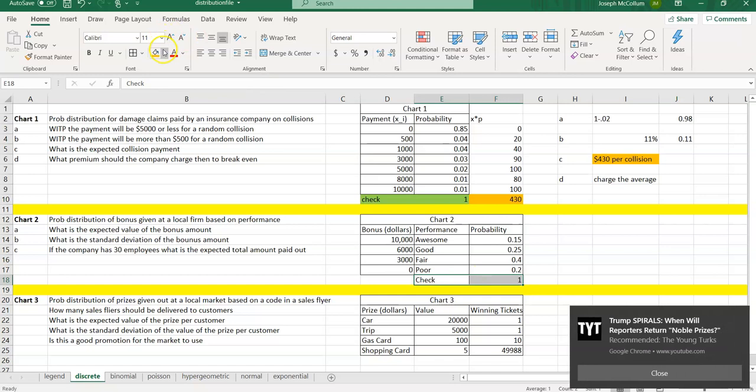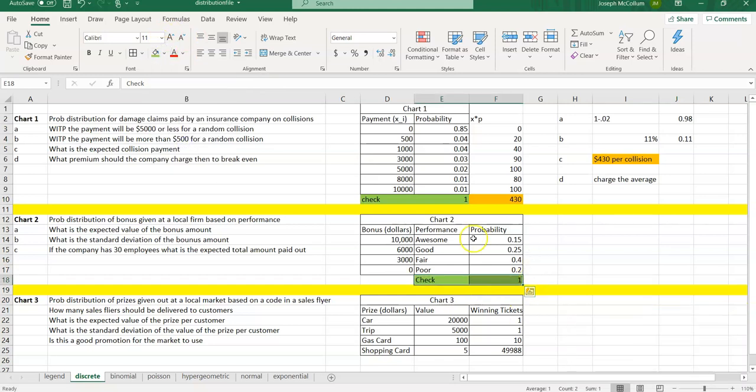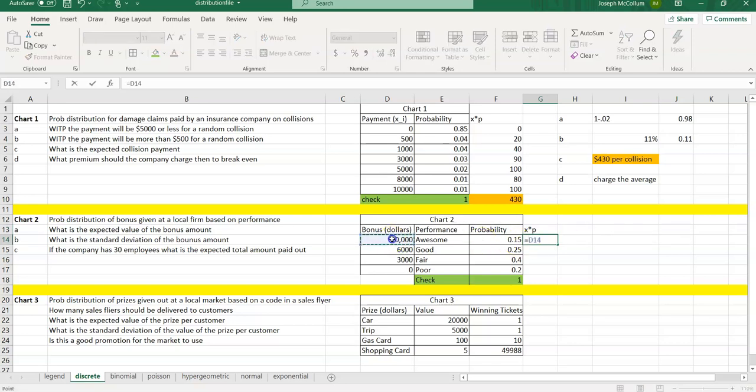My check is 1. That tells me that I do have a fair probability distribution. All right, so now we want expectation. Well, from the previous example, expectation is found by summing up each outcome times its probability. So first, I have to find each weighted outcome, as it's called.